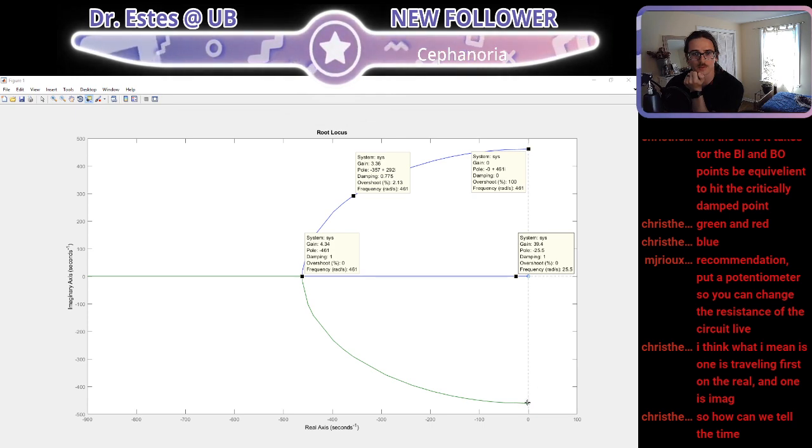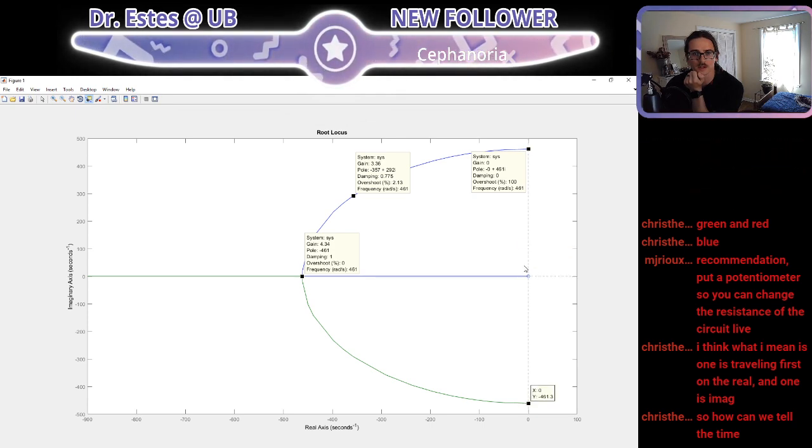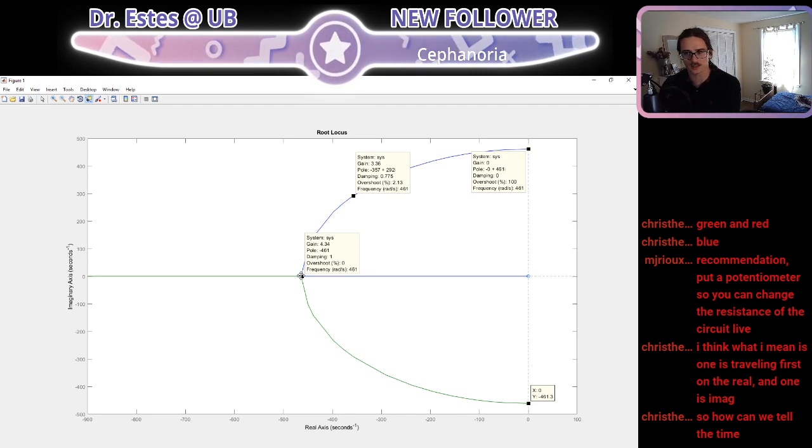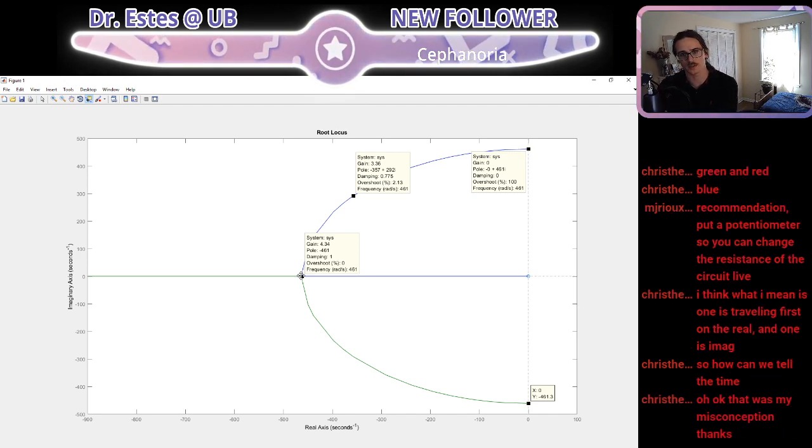Like the green root starts down here, the blue root starts down here. I mean up here. And as you increase the resistance, they symmetrically move with each other until they reach this point. So they're both imaginary at the same time, they break in at the same time, and then they're real at the same time.